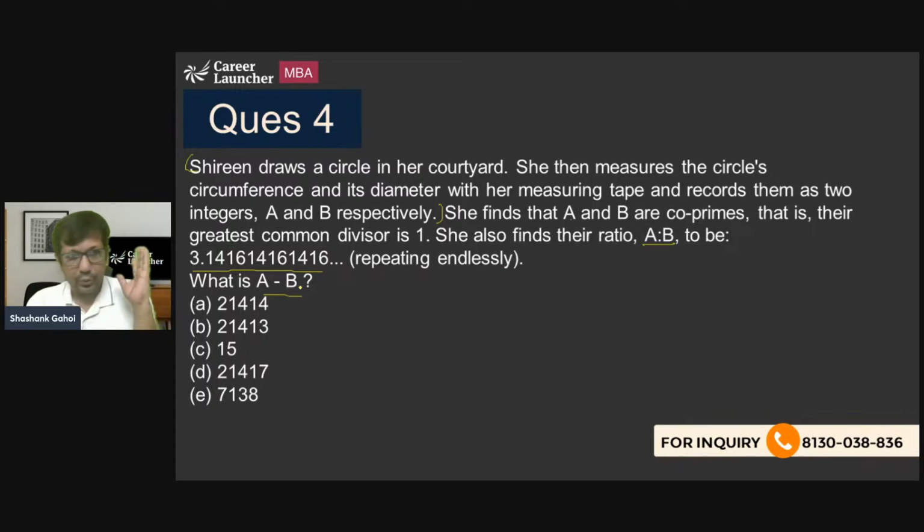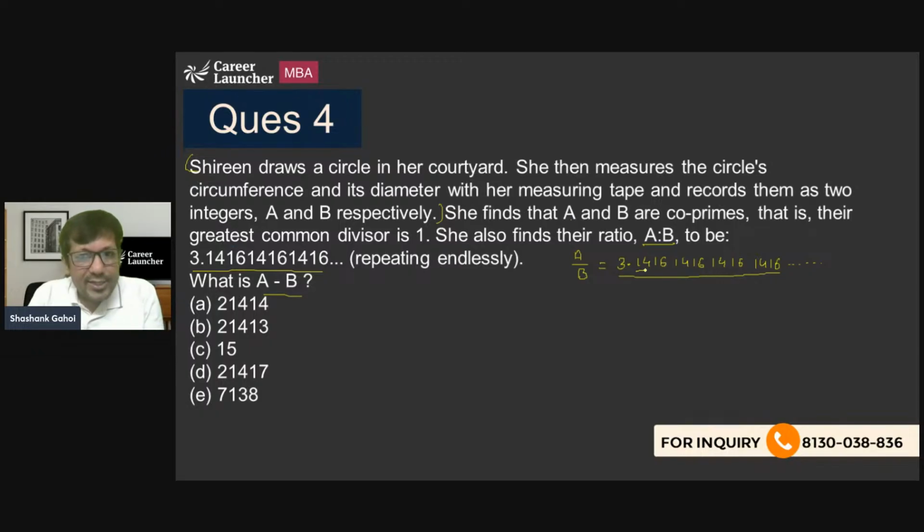Okay, so A upon B is equal to 3.1416141614161416 and so on. So basically, this question is simply asking us to convert a decimal into a fraction.